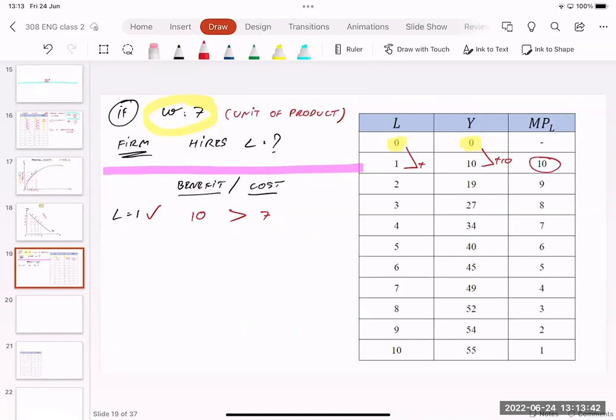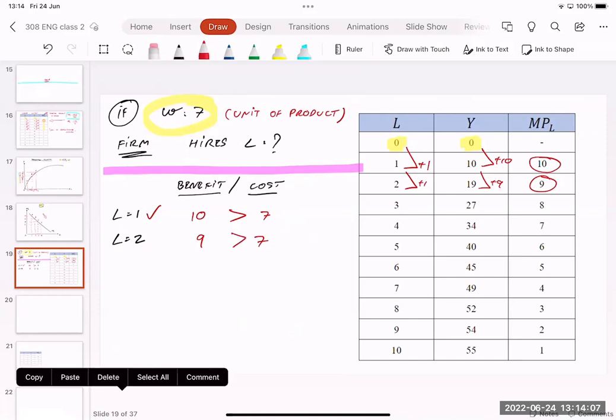Then how about hiring more, from 1 to 2? Labor number 2 can help me produce 9 units more. This is the benefit. The cost is 7 units of the real wage.